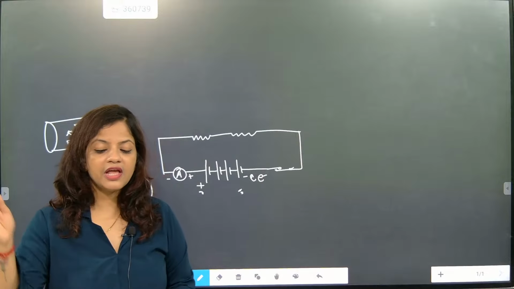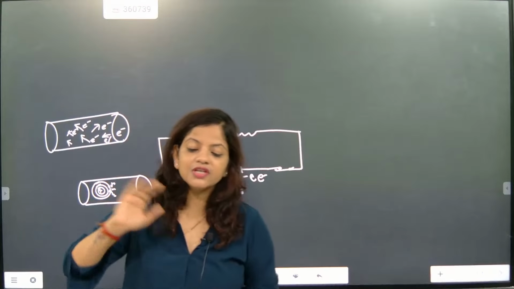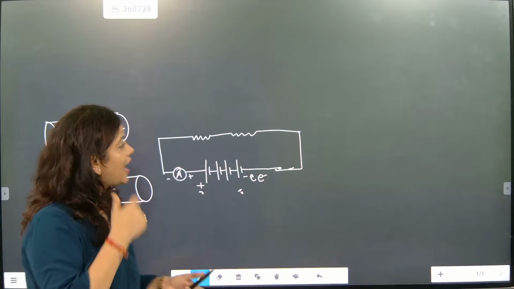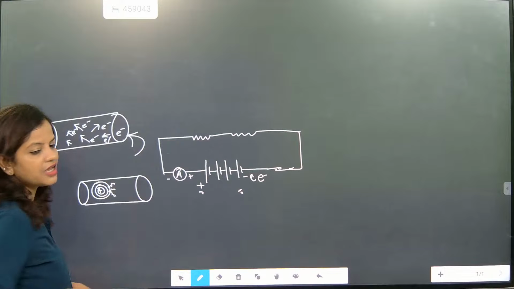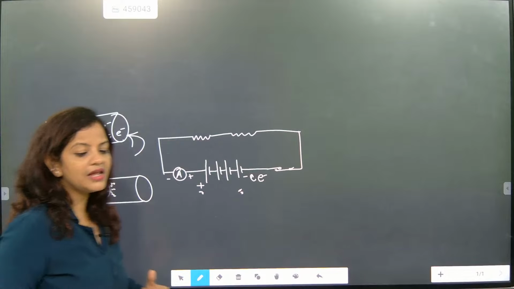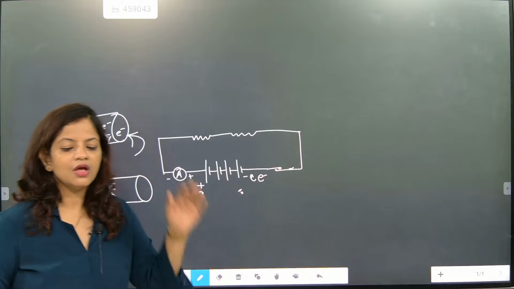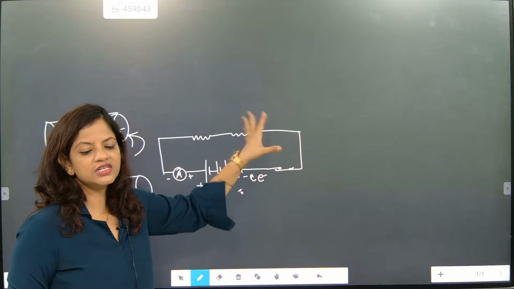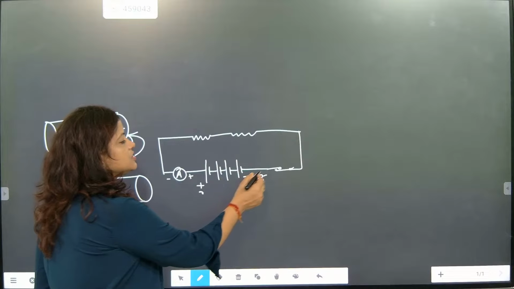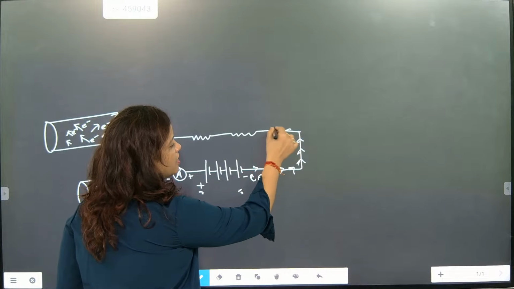The electrons present inside were having zigzag motion. Once the drift is generated, all the electrons align and start moving in one direction. In the circuit all the electrons were moving in zigzag motion, but once the drift starts, they align to move in one particular direction.